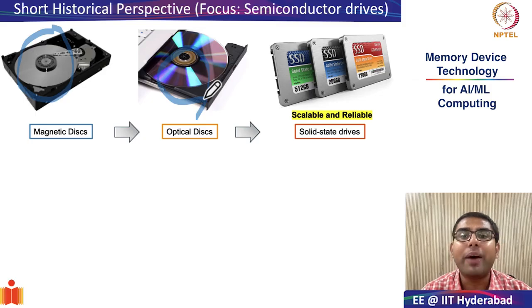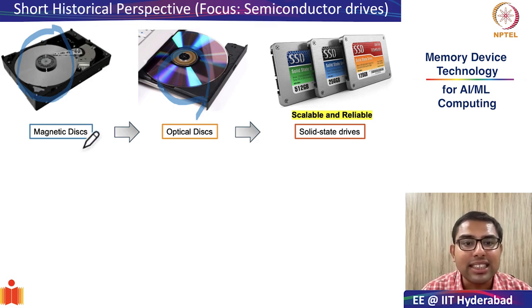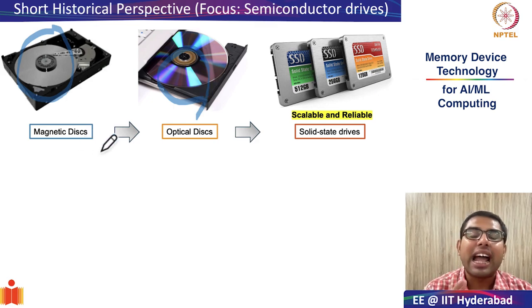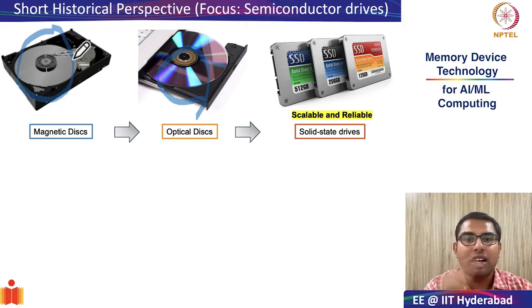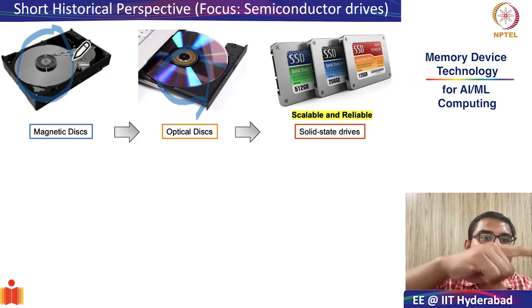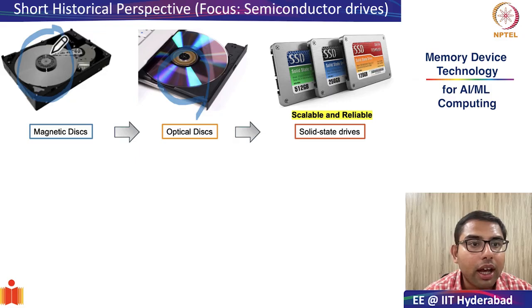What do I mean by reliability and scalability? So why are solid state drives very scalable? This is simply because they do not have any mechanical moving parts. As you can see, both the magnetic disc and the optical disc had moving parts. The magnetic disc had a rotating chuck, and you had a mechanically moving read-write head.